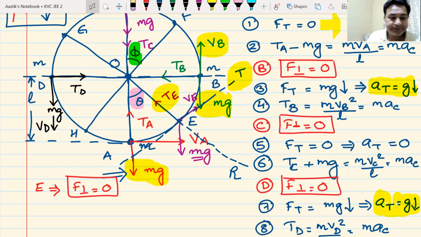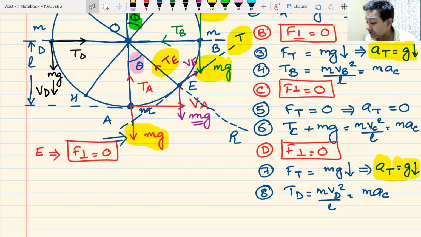Have you done that? Has anyone written the equations for point E and point F? Yes, sir. Okay, so please let me know what is the equation for point E. I think I had written one equation that there is no force in the perpendicular direction. So that equation is already there.